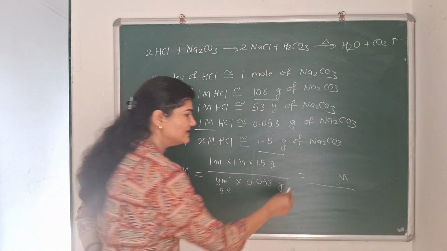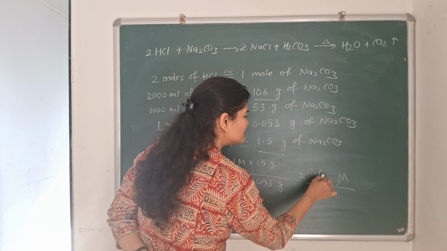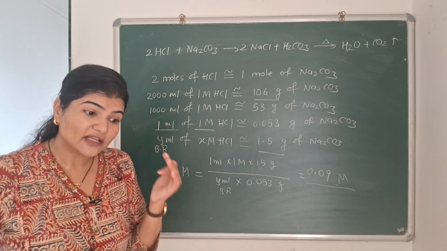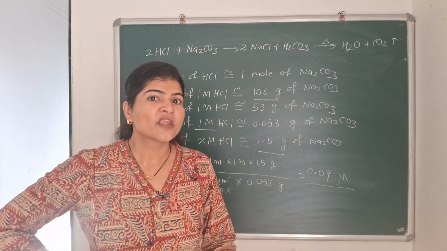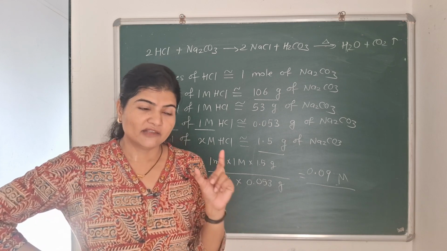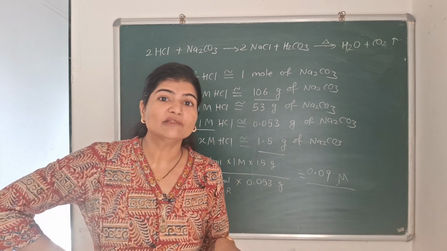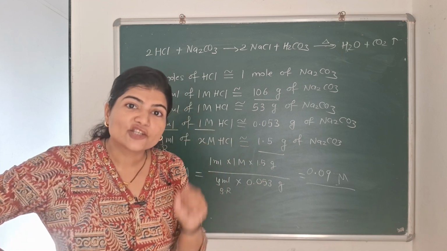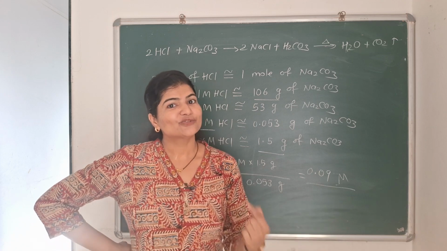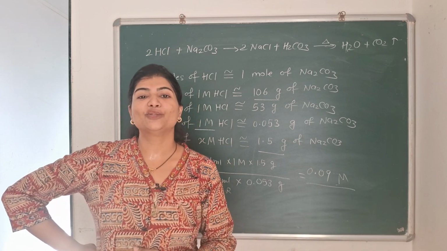Now, for example, the result comes to 0.09 molar. So what will I write in the results? The molarity of HCl solution, in bracket prepared 1 molar, was actually found to be 0.09 molar. So this is how standardization is going to help you.